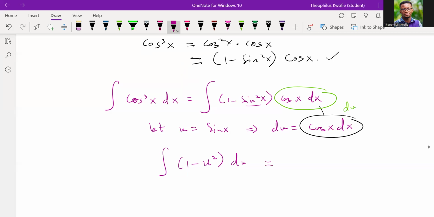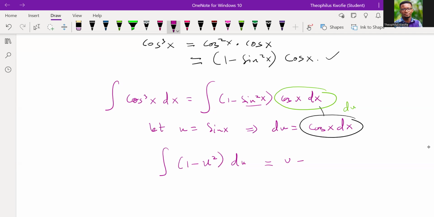By using the properties of integration, when we integrate one, we have u. And when we integrate u squared, we're going to have what? u cube on 3. Very good.